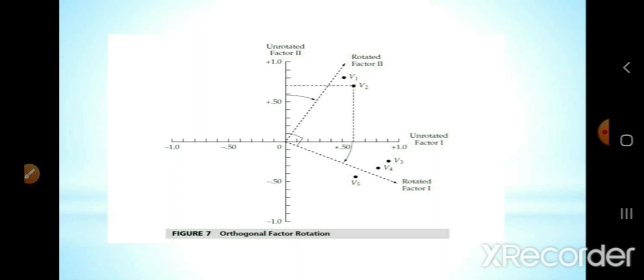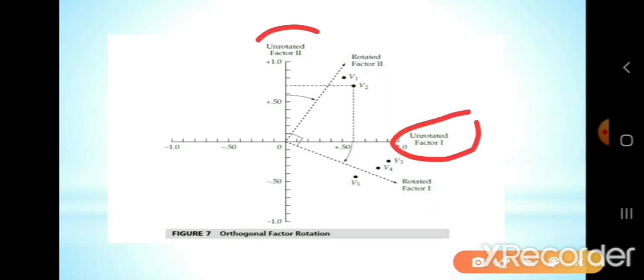The first factor is assumed to be the general factor, which is the unrotated factor. Suppose we have two unrotated factors, factor 1 and factor 2, and the first unrotated factor is the one having maximum variance.